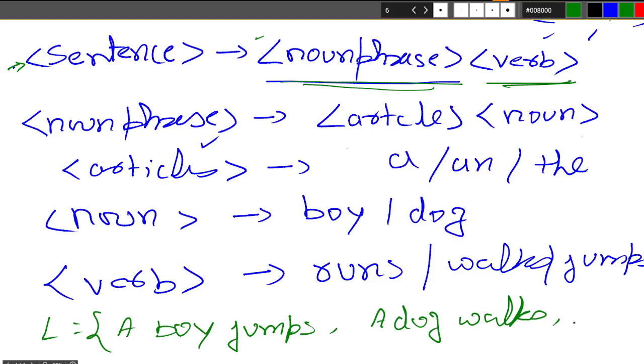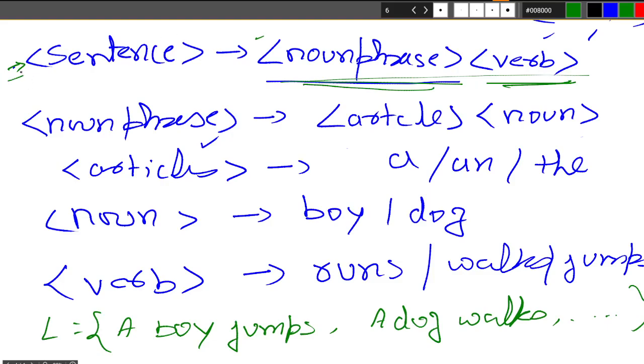Okay, you can have whatever, a boy runs. Different possible combinations and different possible strings are possible. So this was the story of your simple English language, where you have considered just one sentence of this form. While learning we will try to have simple grammars, simple sets of rules.